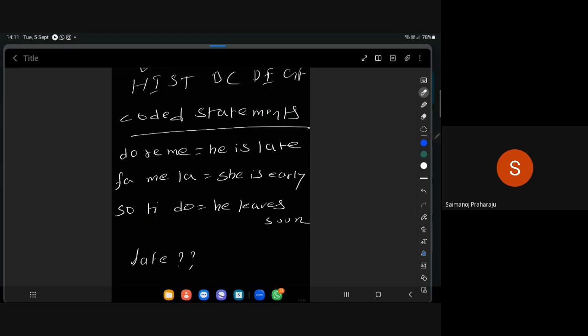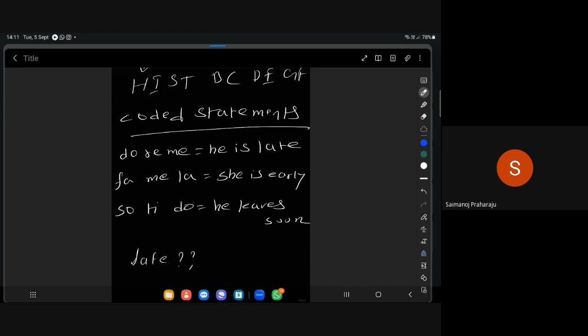From these hints, how can you represent late? The only procedure is to write the sentence and the meaning the way they are giving you. Do re mi is equal to he is late.